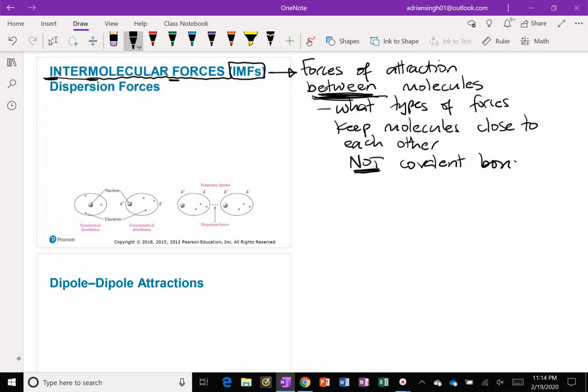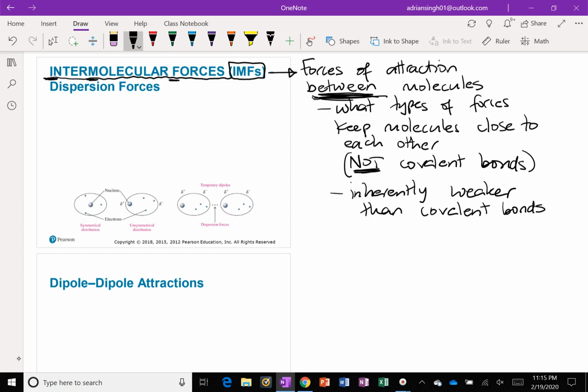So intermolecular forces are going to be inherently weaker than stronger forces like covalent bonds, but they're important because they influence properties or characteristics such as melting points and boiling points for substances.